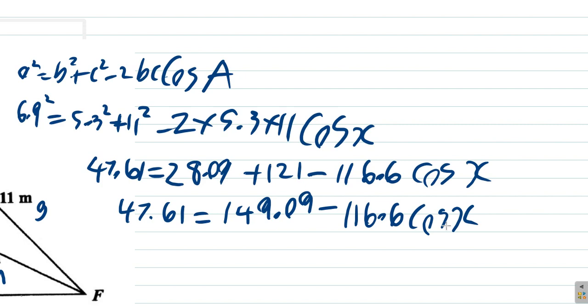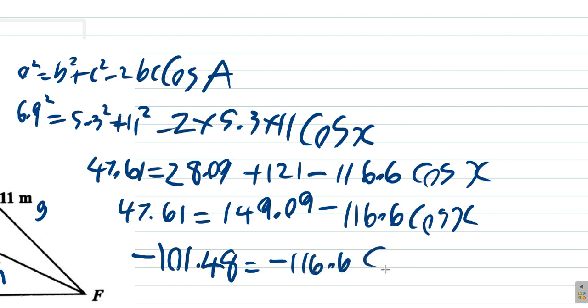This is going to be now 47.61 minus 149.09. What do you get when you do that? You should get negative 101.48 equals negative 116.6 cosine x.